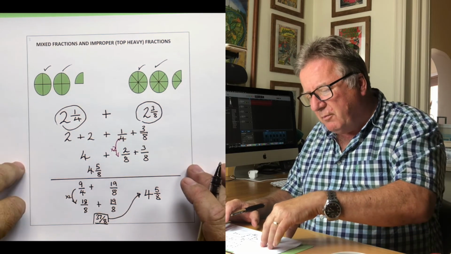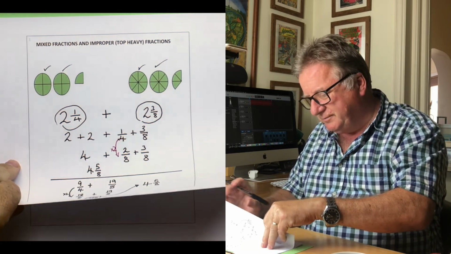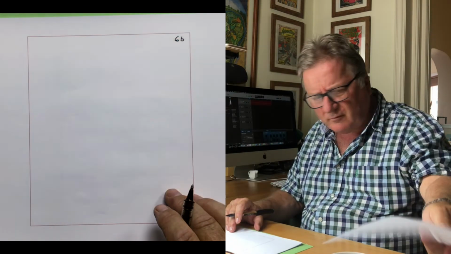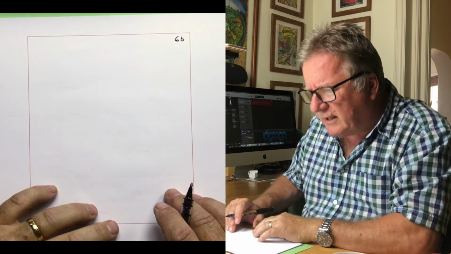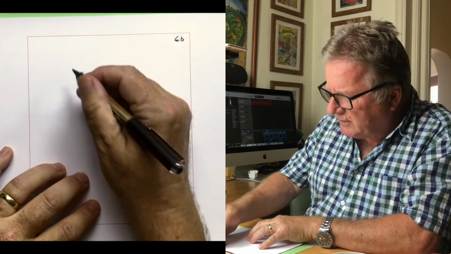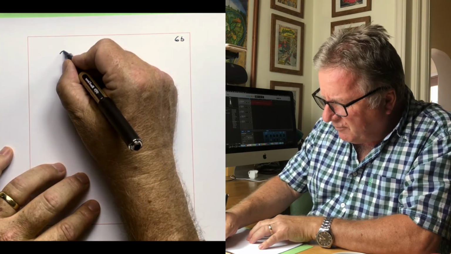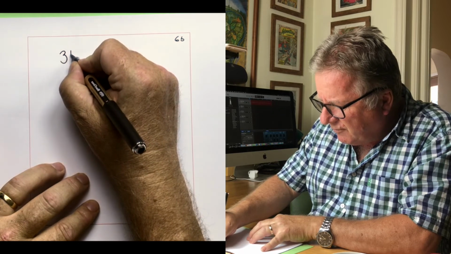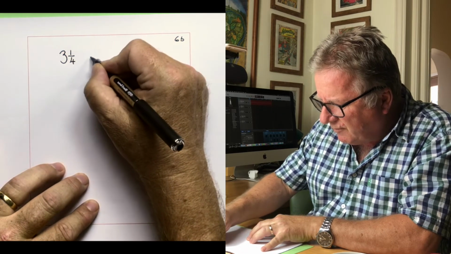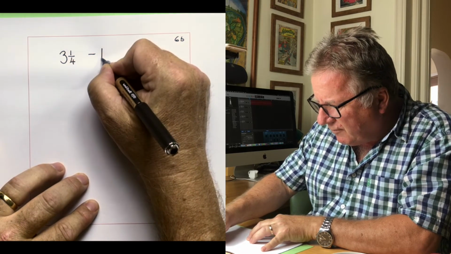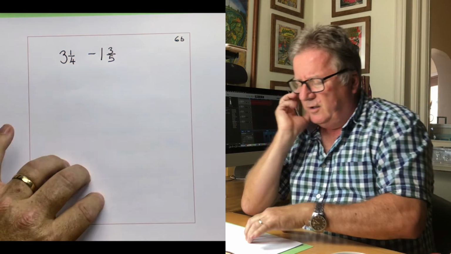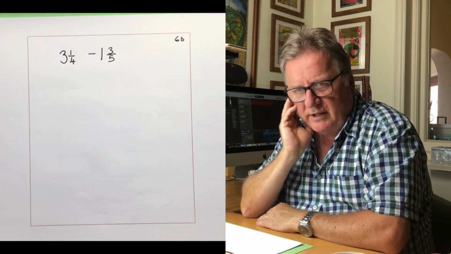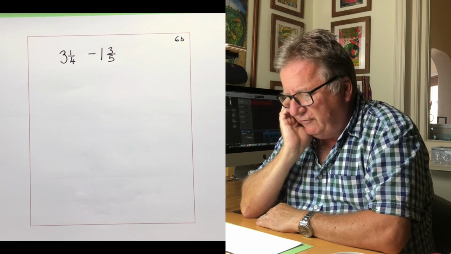Okay? But I want to show you a subtraction of a mixed fraction, which is a little bit trickier. Okay, let's have a go at something like this. So we've got 3 1/4 minus 1 3/5.